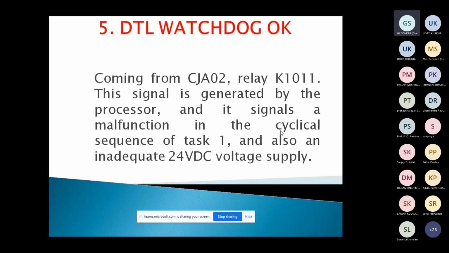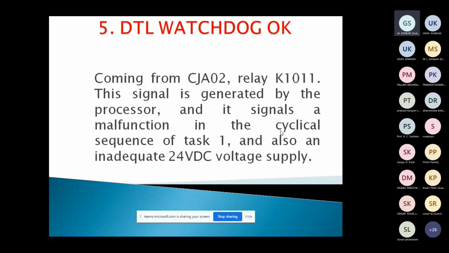Same programming was there. If there was a problem in DTL, there is a switch between DTL and backup DTL. So you are running in the DTL. If there is a problem in the DTL, you go back to the backup DTL and you can start running your machine. So these things happen mainly due to an inadequate DC supply system.